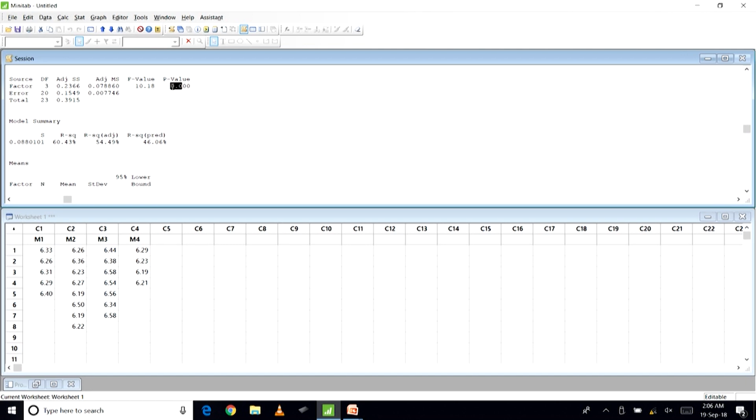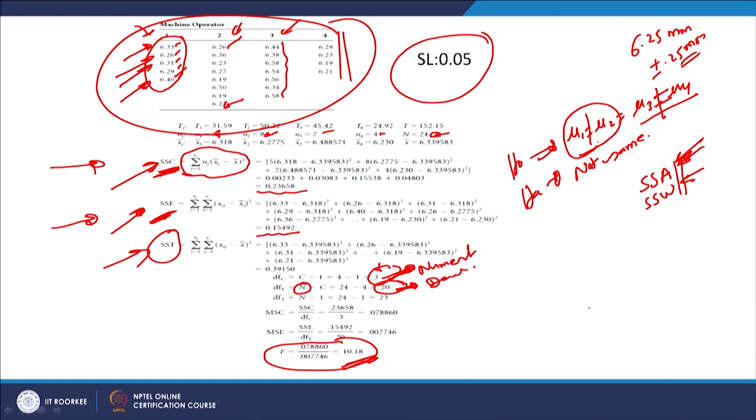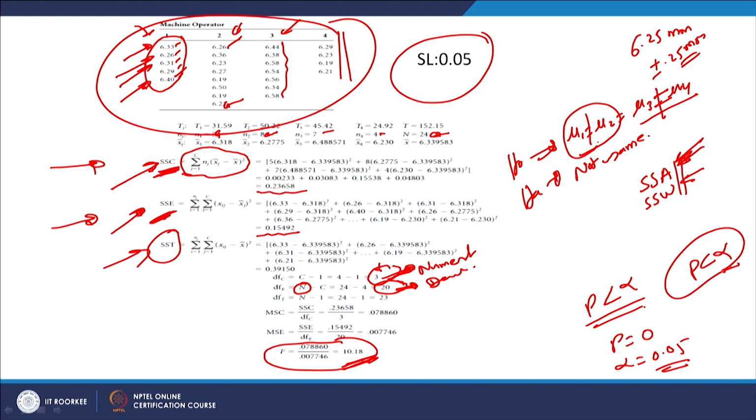So, what is our definition of rejecting or not rejecting the null hypothesis? We have always said that if p is less than alpha, we reject the null hypothesis. In this case, p is equal to 0, alpha is 0.05. Is p less than alpha? Yes, p is less than alpha. So, we will reject the null hypothesis and we will conclude that the means are not the same, they are different.